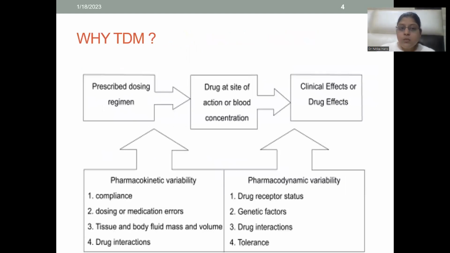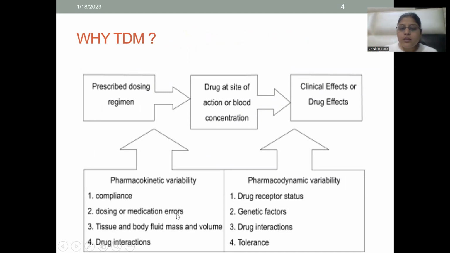Now, why do we require therapeutic drug monitoring? There is a prescribed dosing regimen, and there is pharmacokinetic variability. There can be a decrease in compliance. If there is decrease in compliance, the drug levels will be less in our bodies. So to check compliance, we can do therapeutic drug monitoring.